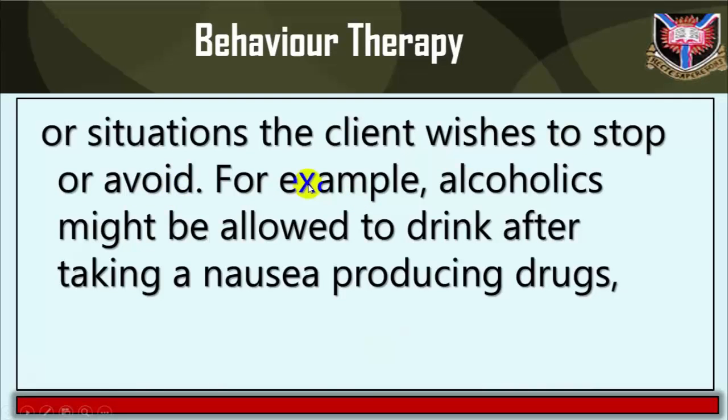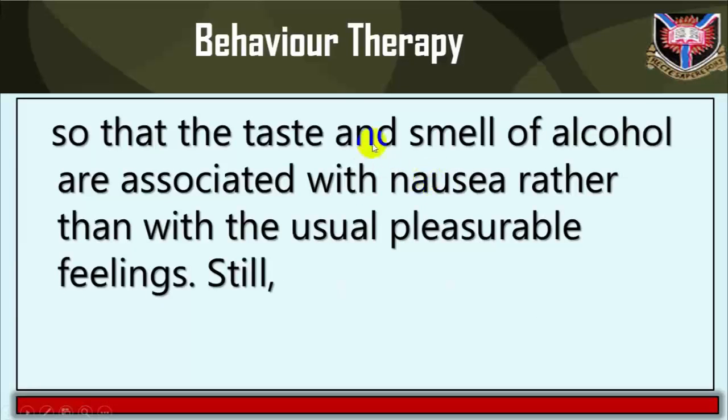For example, alcoholics might be allowed to drink after taking a nausea-producing drug, so that the taste and the smell of alcohol are associated with nausea rather than with the usual pleasurable feelings.